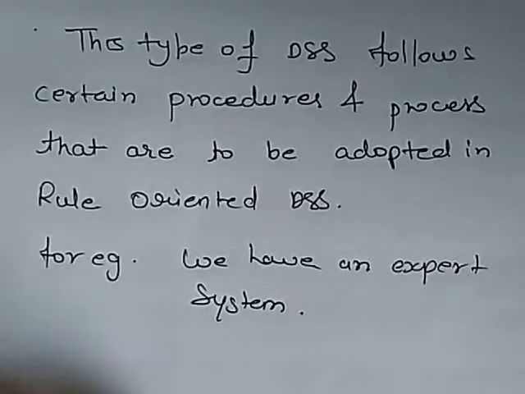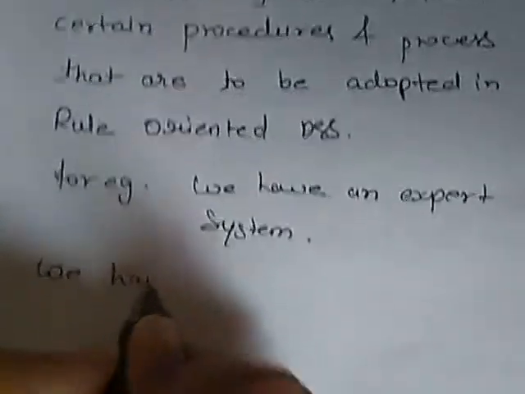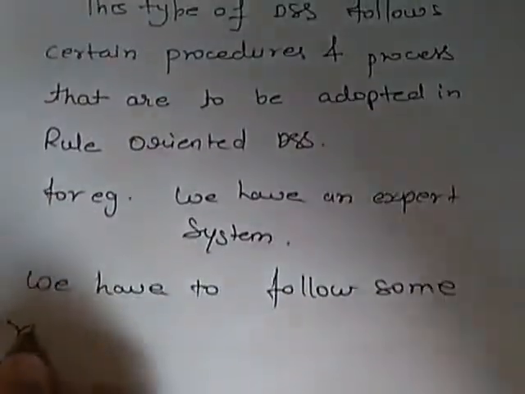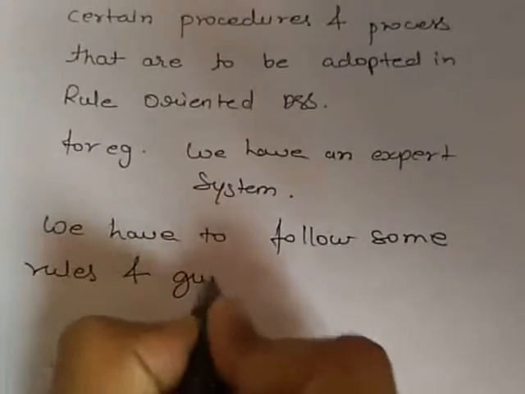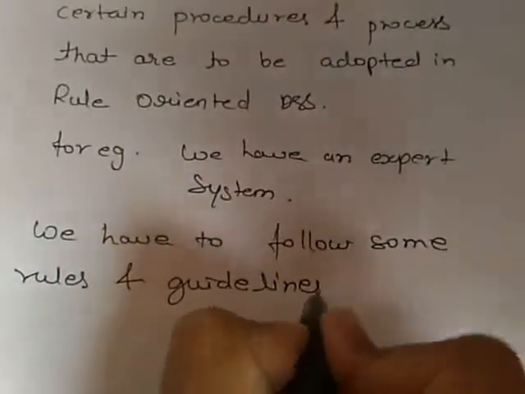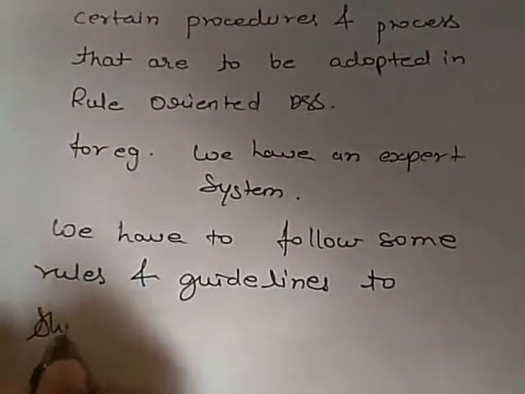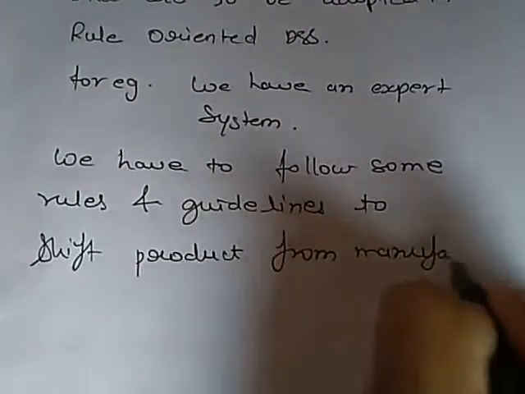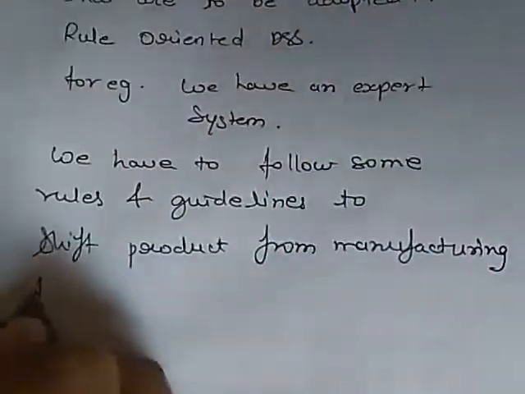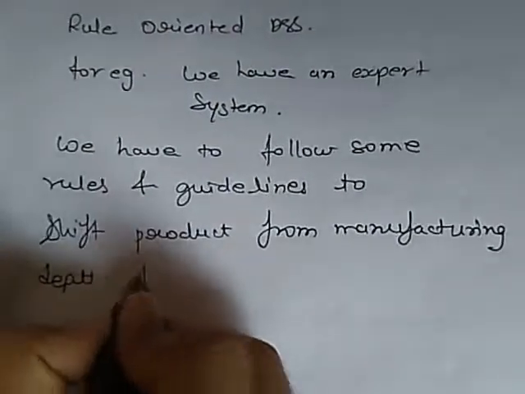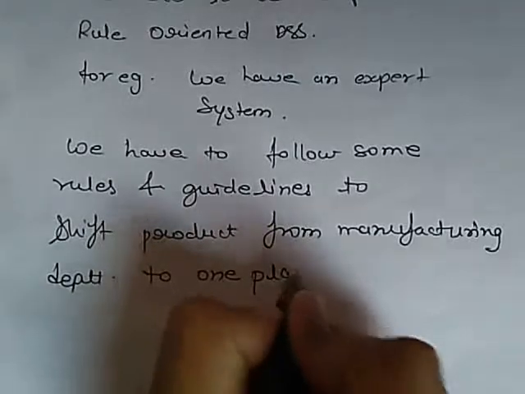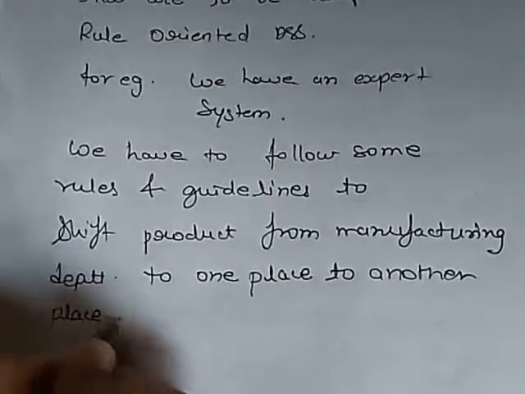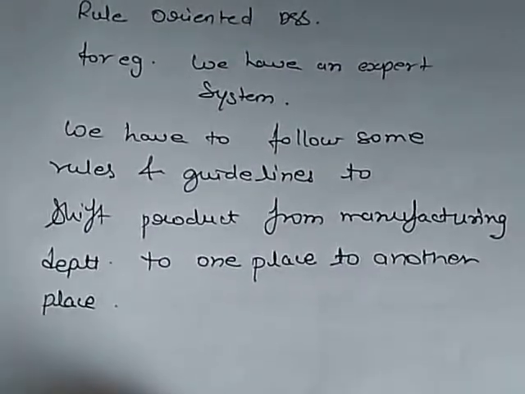So we have to follow some rules and guidelines to shift from the manufacturing department from one place to another place. So this is another example where we follow some rules and guidelines.